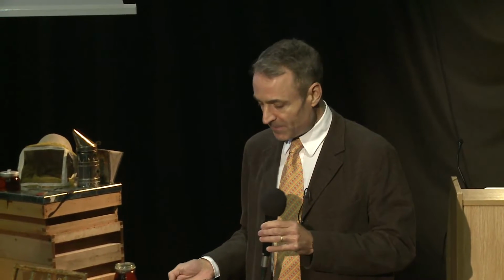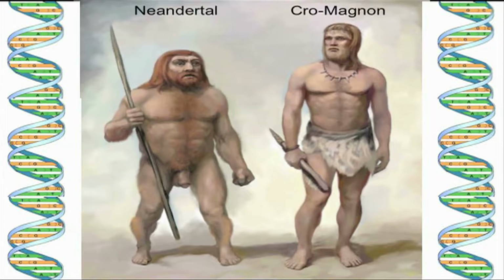Colleagues just down the road from me, I'm at Halle University, southwest of Berlin, and about 50 kilometers away is Leipzig, another big city. At the Max Planck Institute for Evolutionary Anthropology, they've sequenced not only human, but also Neanderthal. And so they have the complete sequence of Neanderthal, as far as is possible.